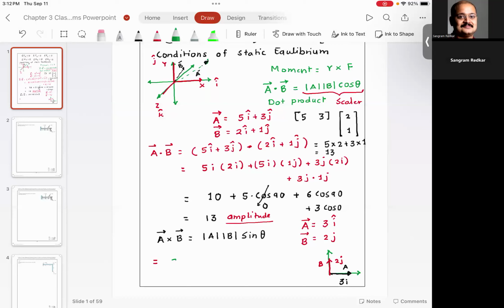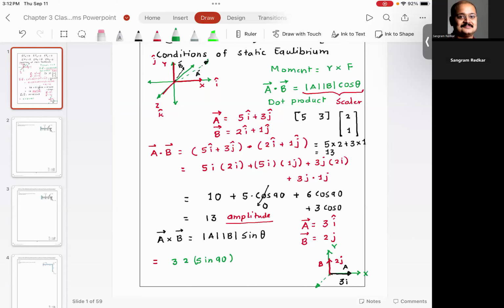Magnitude of A is 3, magnitude of B is 2, and the sine of the angle in between is sine 90 degrees. Now, it is very important that you understand this is X, this is Y, and you have this Z.